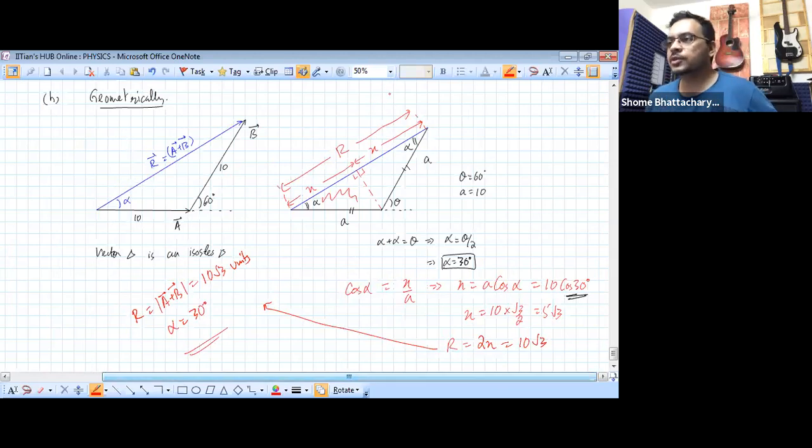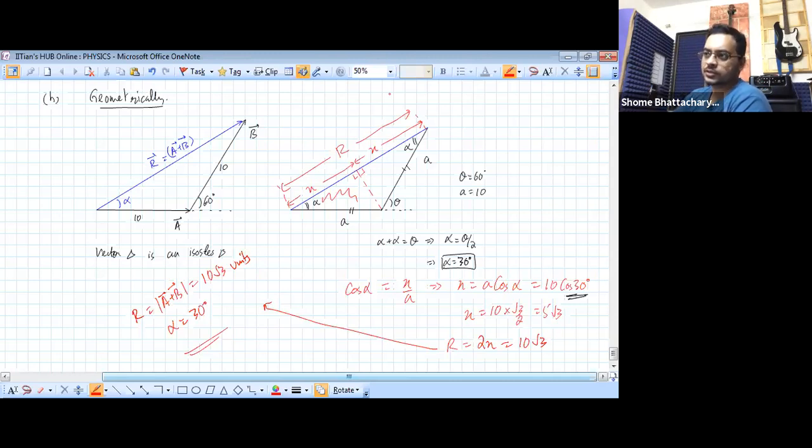Here, the trick we used is that because the magnitudes of the vectors A and B were both 10, we could use the trick of solving an isosceles triangle. It's not always that tricks like this will happen, but the formula based method is always there. It's like the brute force method. If nothing else is coming to mind, you can just substitute in the formula and do the computation like a computer program would do. It would just churn the numbers.